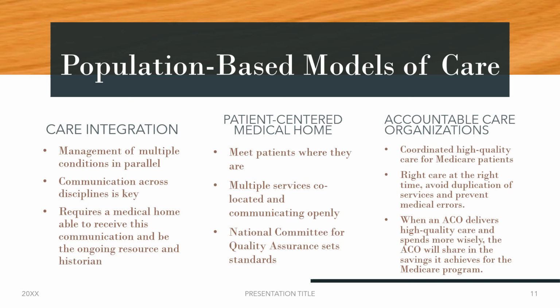And then finally, accountable care organizations, which are coordinated by Medicare, and the incentive is that when an ACO delivers high quality care and spends insurance money more wisely, the ACO will share in the savings that it achieves for Medicare.